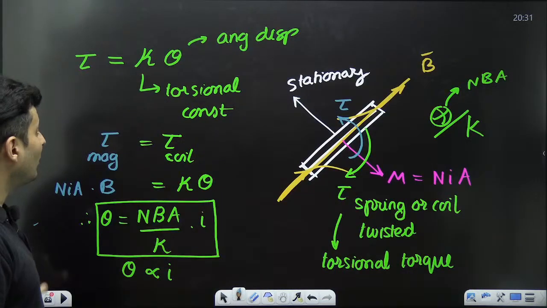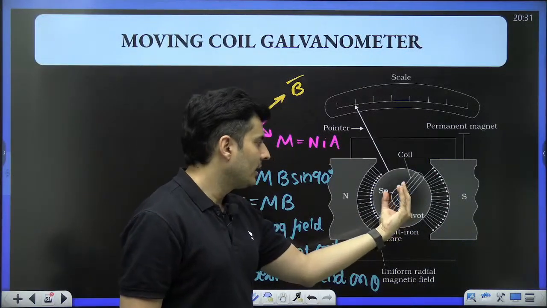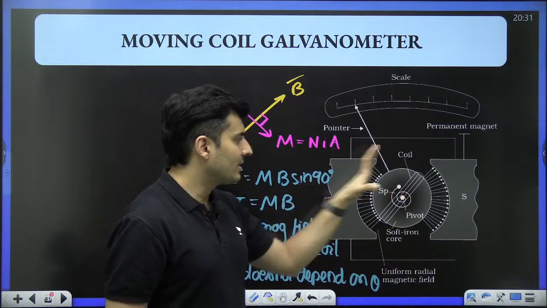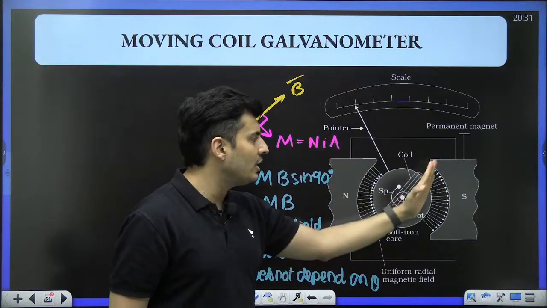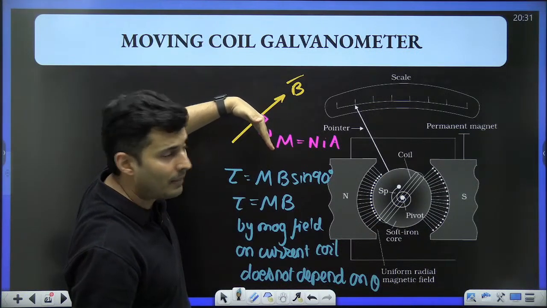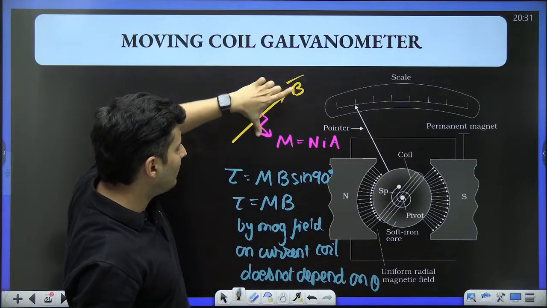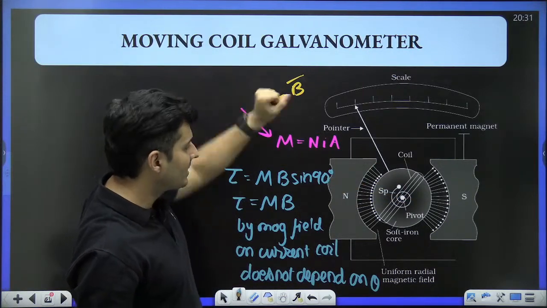Right? So this is the working principle of a galvanometer. There is a coil which carries current. There is a cylindrical magnet which produces a very unique magnetic field such that the field is always perpendicular to the magnetic moment. Wherever the coil turns, the magnetic moment is perpendicular to the field always.